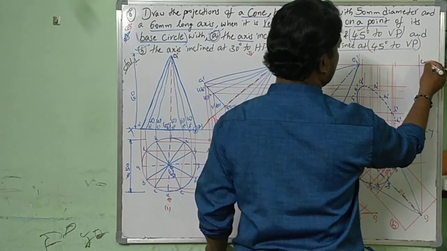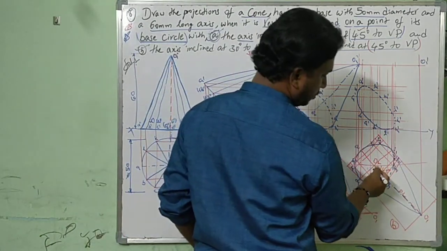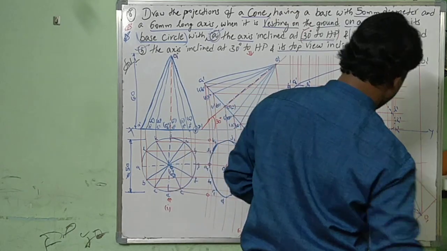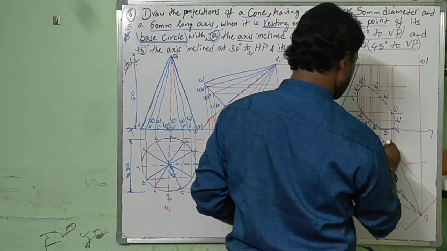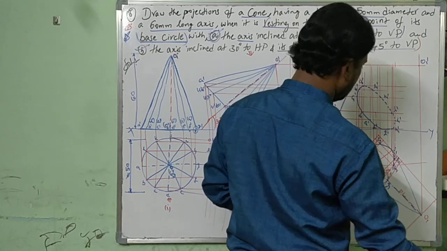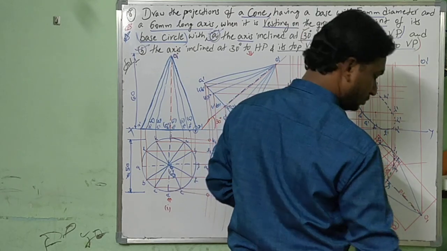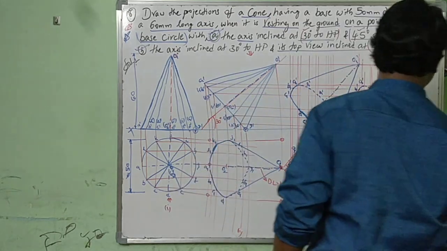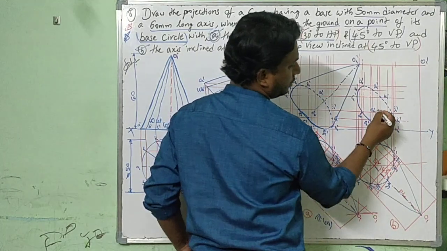Now here comes O1 dash, O2. Here O2 comes separately. No. If I have to draw, I can draw in the center. O2 dash axis line. See, O2 dash to O1.